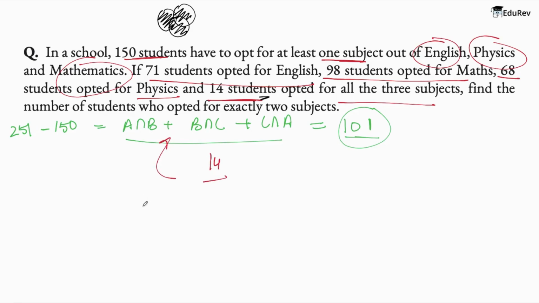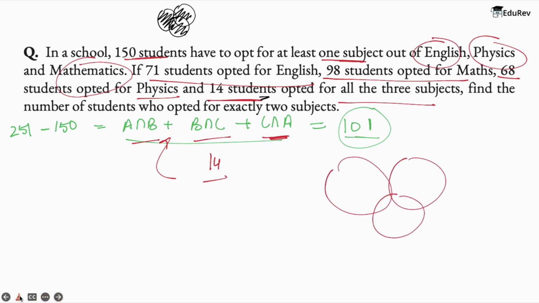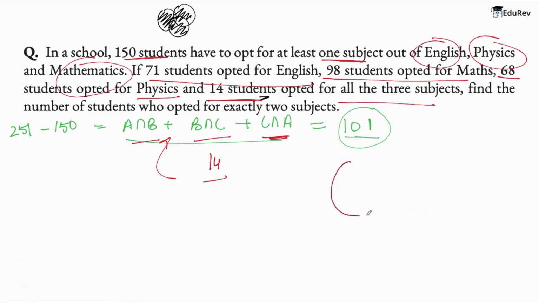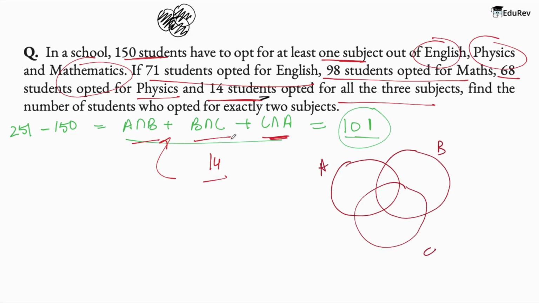Because they have been added how many times? Thrice. Because A intersection B and B intersection C and C intersection A, right? So if I'm going to draw them, actually it came out to be wrong. Let's just draw them again. Okay. So what I'm telling you right now is that this is your A, this is your B and this is your C, right? A, B, C. Now in A intersection B you have included all this part. In your B intersection C you have included all this part.